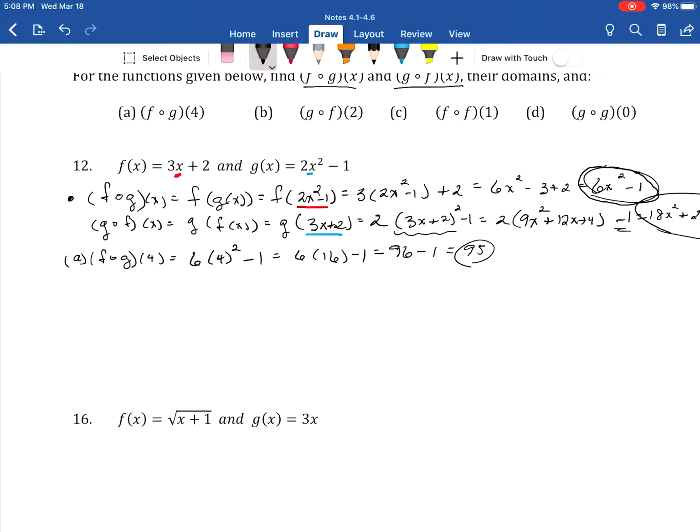All right, part B. Find g composed with f of 2.